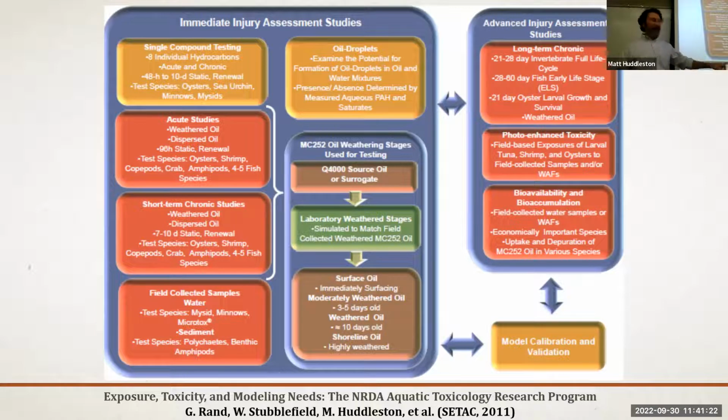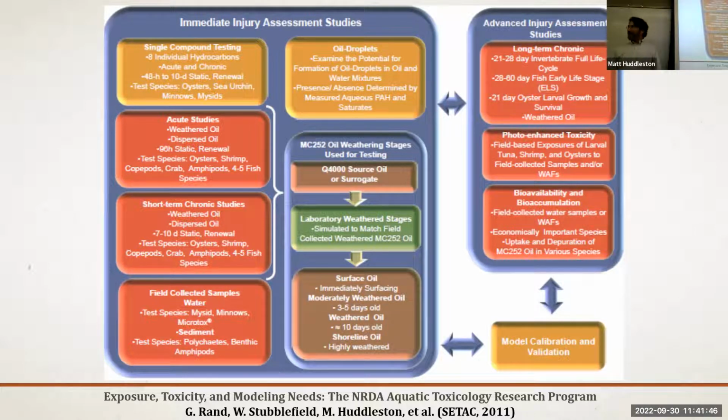Just a quick side story. I mentioned a textbook by Gary Rand. Gary was one of the lead academic laboratory supporters of this program. So I got to design this program with Gary and another, incidentally, a guy named Bill Stubblefield.